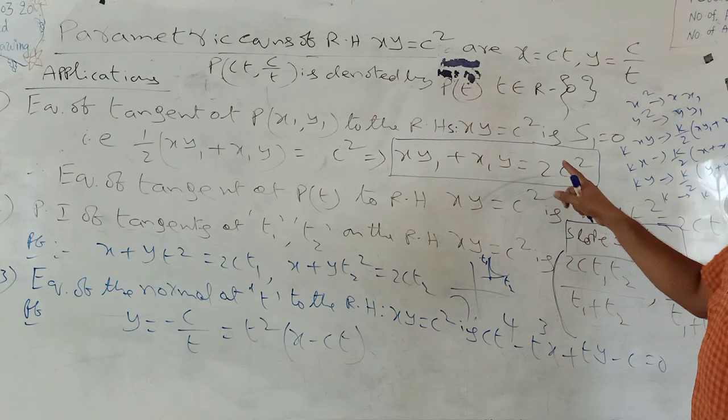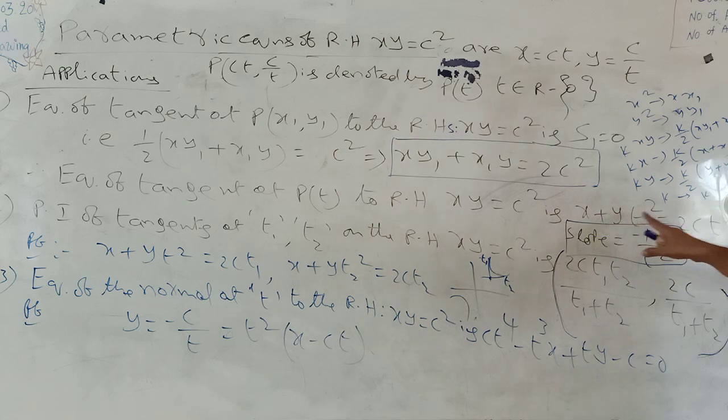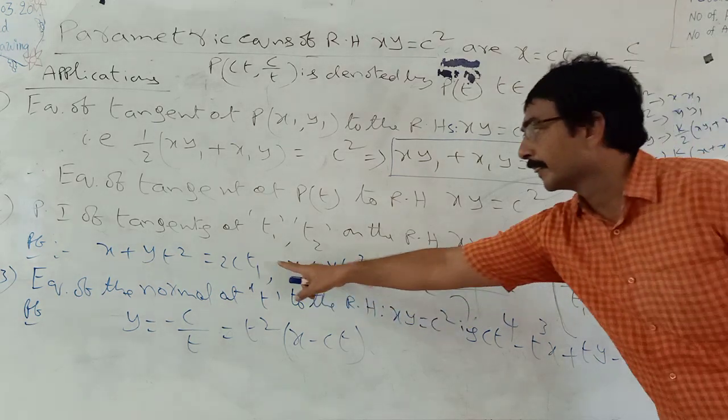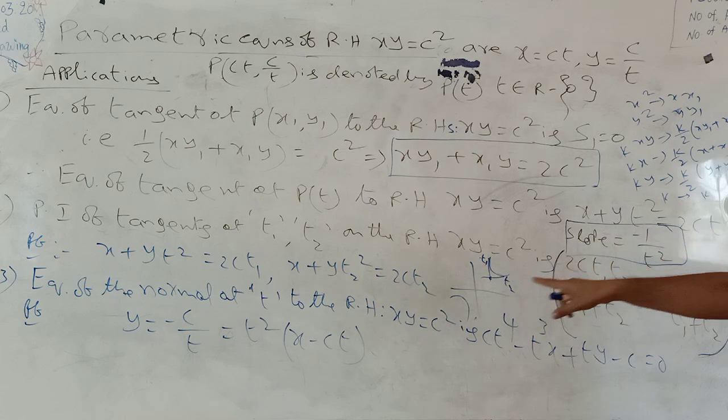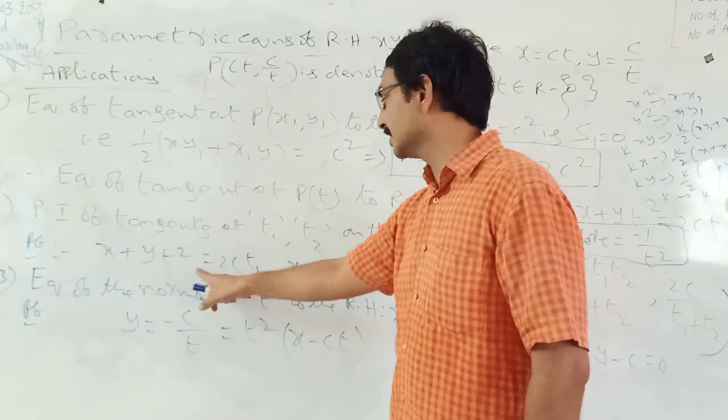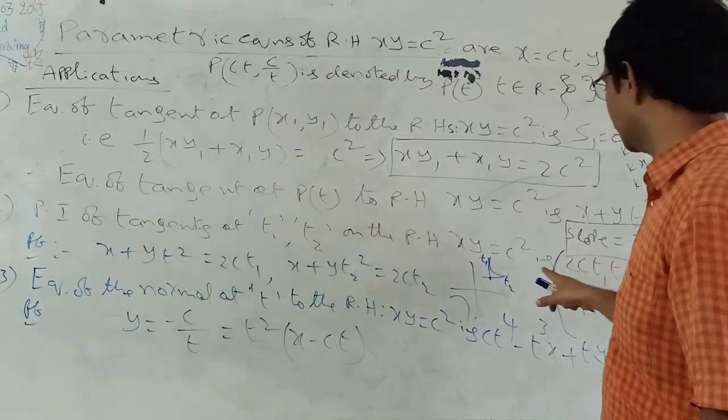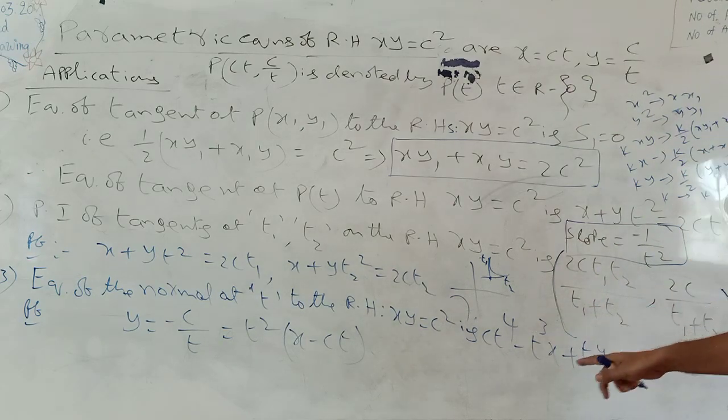From the above formula, the equation of the tangent at t1 is x plus y t1 square equal to 2c t1. Similarly, the equation of the tangent at t2 is x plus y t2 square equal to 2c t2. By solving these two, get the coordinates of the point of intersection.